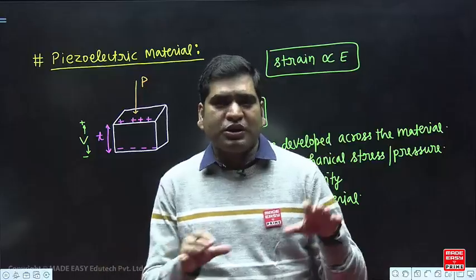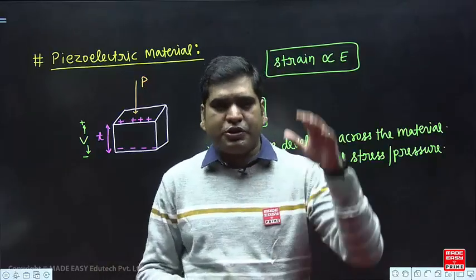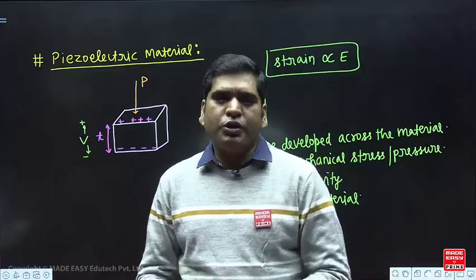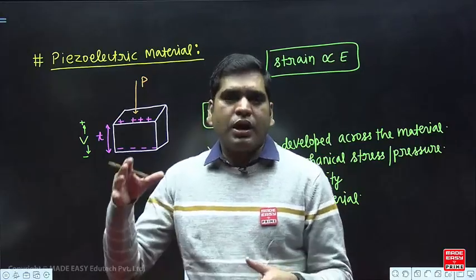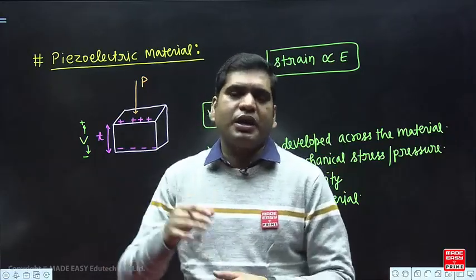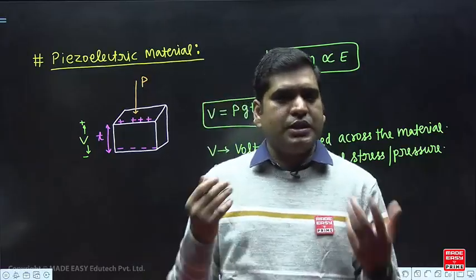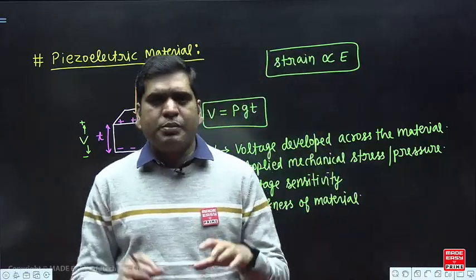So they have both direct and inverse effect. Direct effect, you are applying a mechanical force, you are getting voltage. You are giving voltage and you are getting mechanical vibration, that is inverse effect. So these materials exhibit both kinds of effect. We use them in both ways.